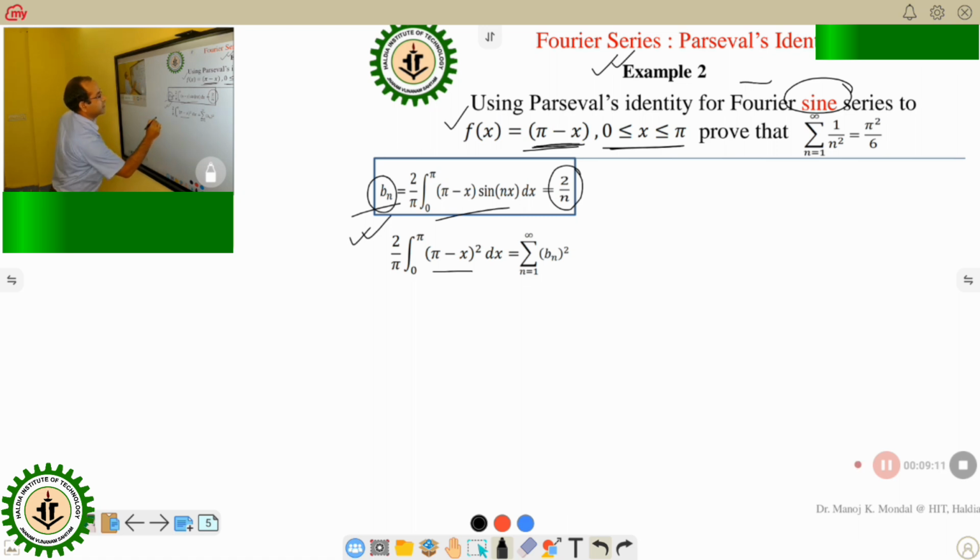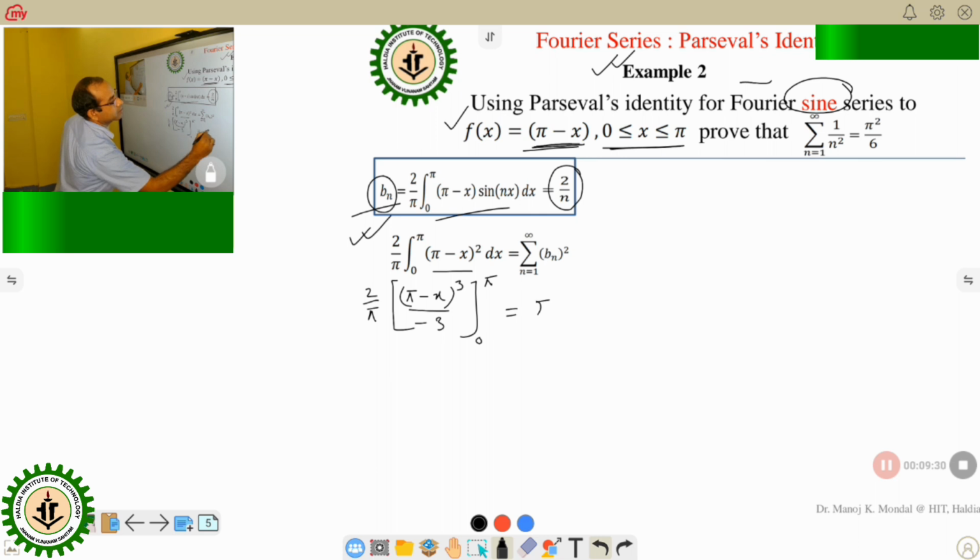So for the left hand side calculations, we consider 2 by pi and the integration of pi minus x whole cube by minus 3, from 0 to pi, and on the right hand side summation bn square. Bn means 2 by n, that is 4 by n square.